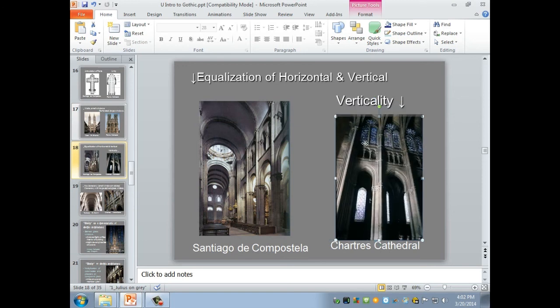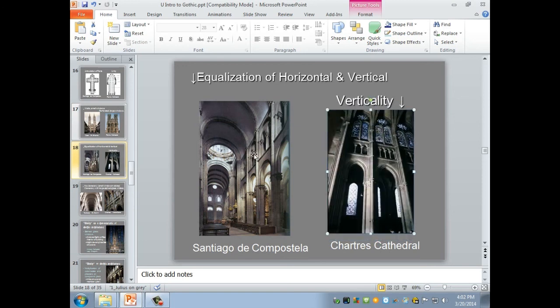The colonnettes, you can see that you have a compound column here, sort of hiding the weight of the pier that supports the arcade, and then you have all of these smaller colonnettes rising up. You have pointed arches as opposed to the rounded arches at Santiago, and you have a triforium.